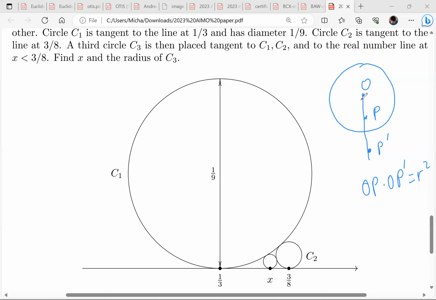Obviously, if you have a point on this ray and you invert it, it stays on the ray, right? If it's inside the circle, it goes outside the circle.